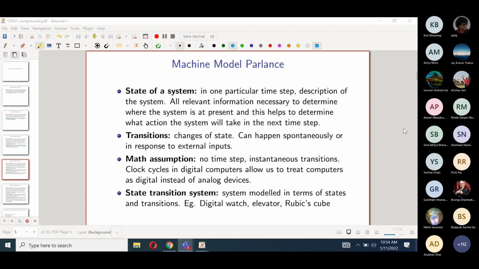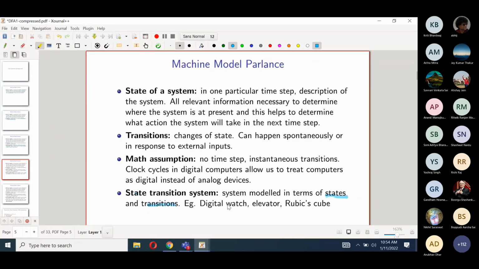Finally, now we can talk of a machine as a state transition system, where this system is modeled in terms of the states, which says what the machine is doing currently and what it is supposed to do in the next step, and transitions which help us to go to the next state.